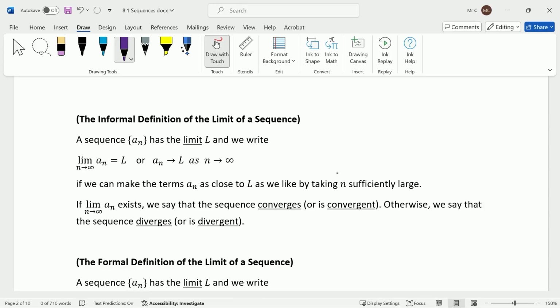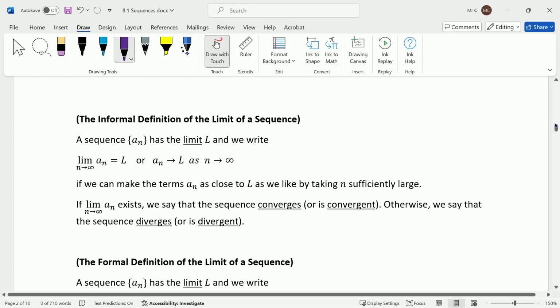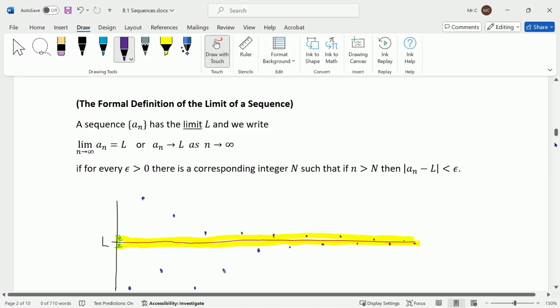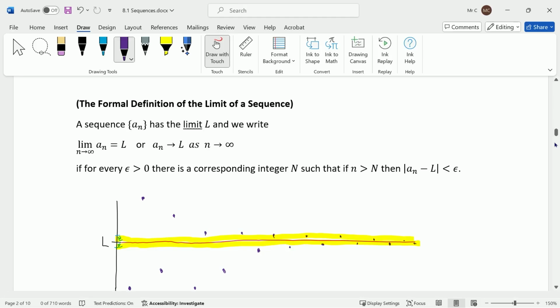But oftentimes, this intuitive definition is not good enough for us to work through the logic of certain problems, to show certain things rigorously. So we have developed a much more precise definition for the limit, and that is as follows.